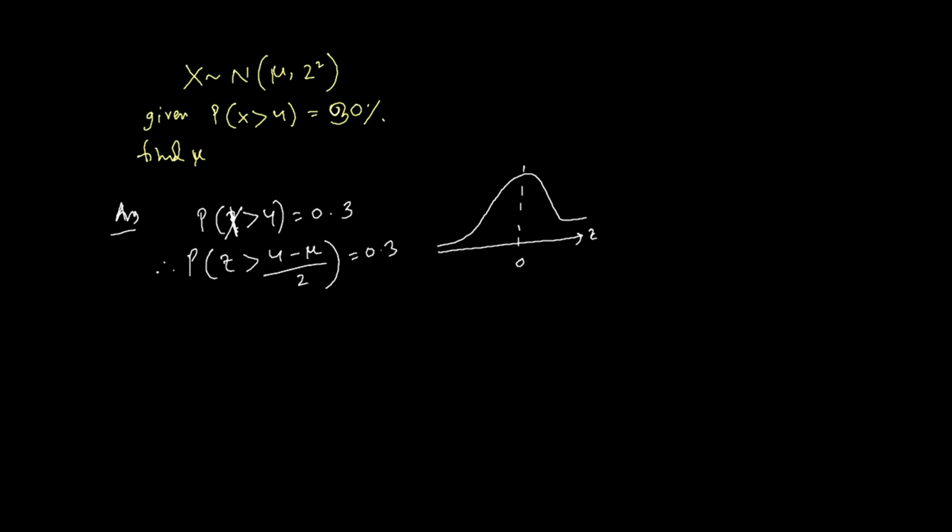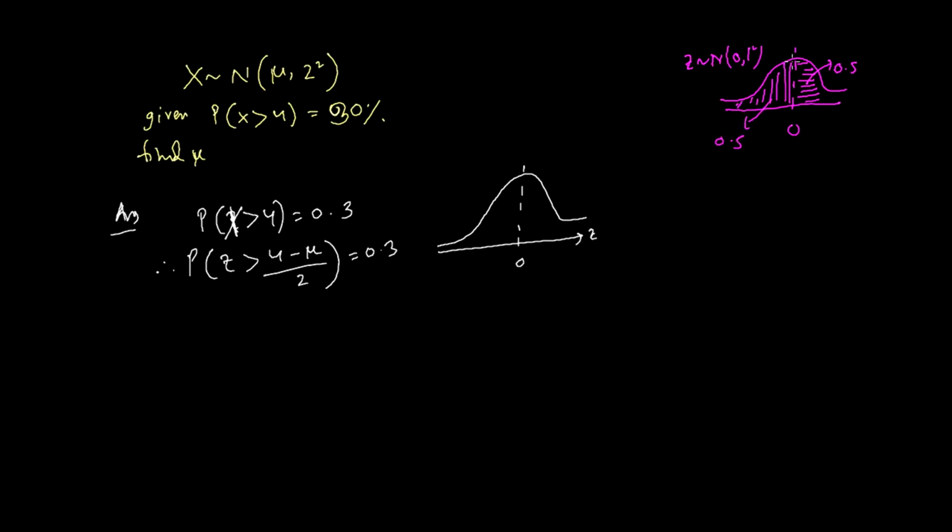So let me show you. If this is the area, if the probability is the area, so if this is 0 for the standard normal distribution, the mean is 0 and the variance is 1. So this region is 50%, 0.5, and this region is 0.5.